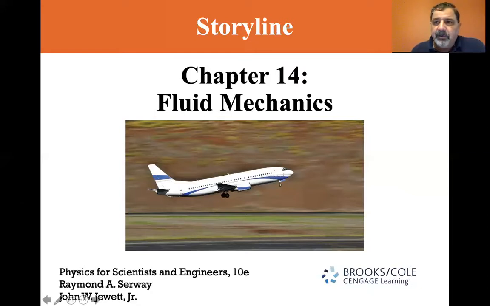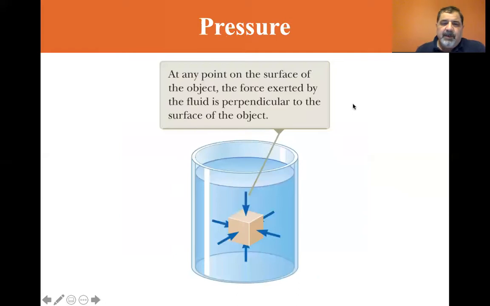So let's talk about pressure. At any point on the surface of an object that's submerged in a fluid, the force exerted by the fluid is perpendicular to the surface of the object. So if we had a sphere, a ball, my wife has a ball right here, and we were to submerge it, the pressure would be perpendicular to every point on the sphere.